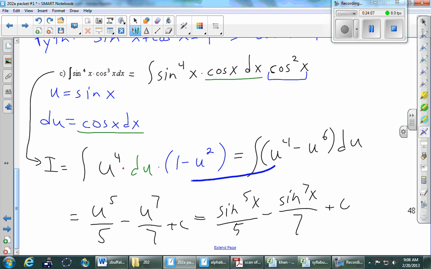Right, u to the 4th, you add 1 to the power and divide by the new power, and then we do the same thing with this guy. Other questions on this one?